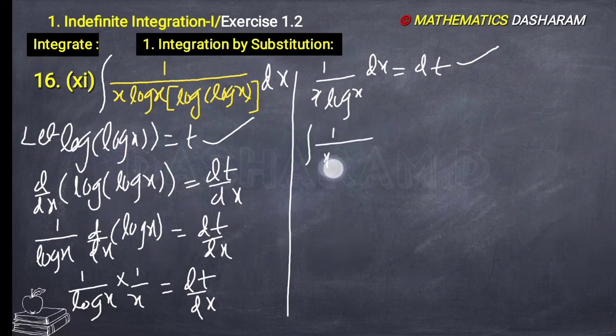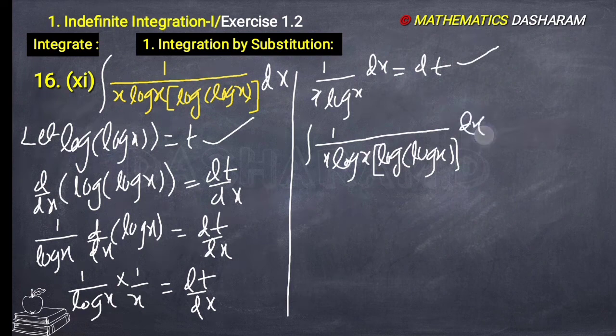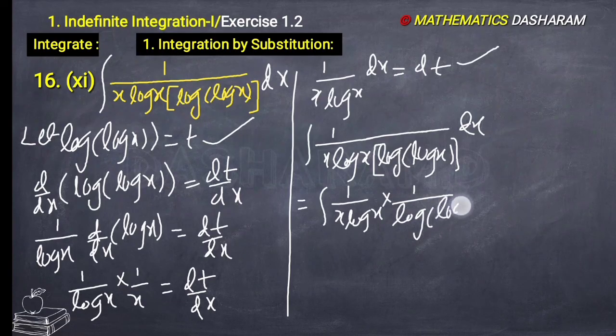Now substitute the t value and dt value in the given question. So 1 by x into log x dx; it is equal to the integration of, first of all, 1 by log of log x dx.